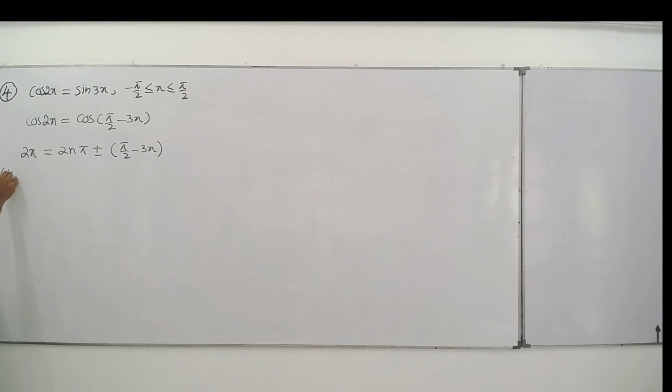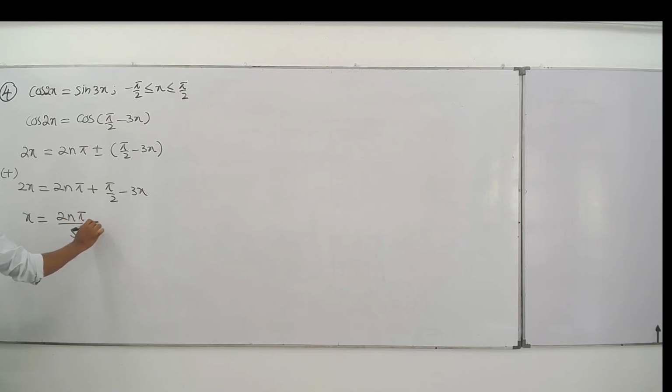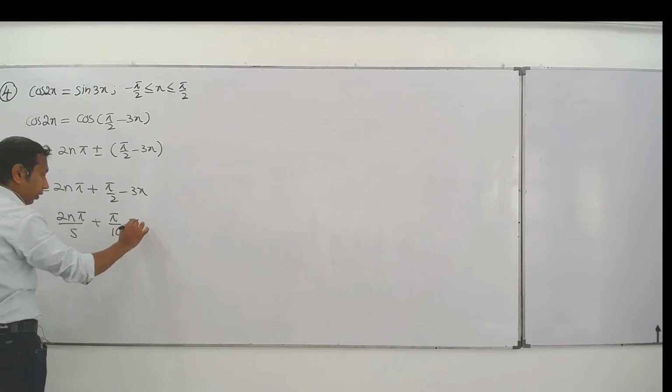We take the plus sign first: 2x equals 2n pi plus pi by 2 minus 3x. Bring this 3x to this side, then we get 3x and this 2x, 5x. Making x the subject, dividing by 5, x equals 2n pi divided by 5 plus pi by 10. n is an integer, right?